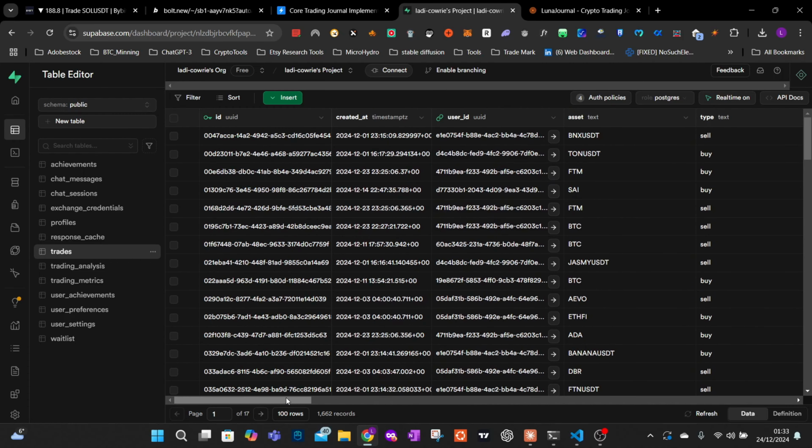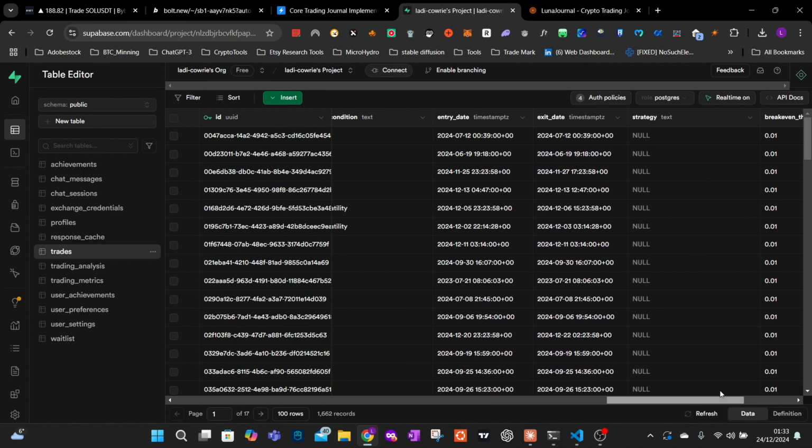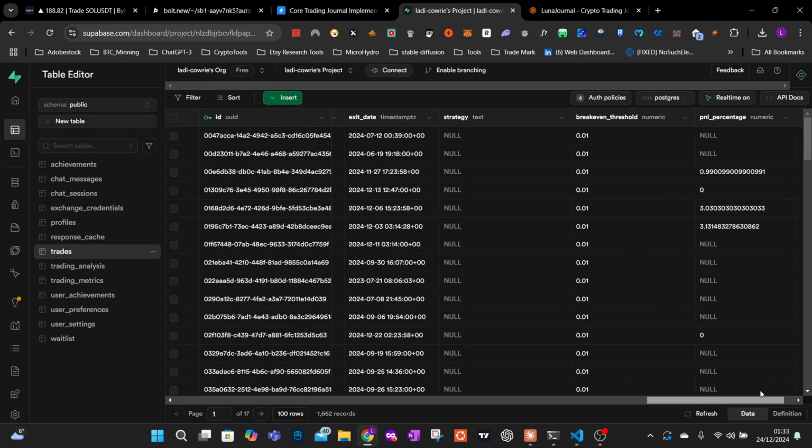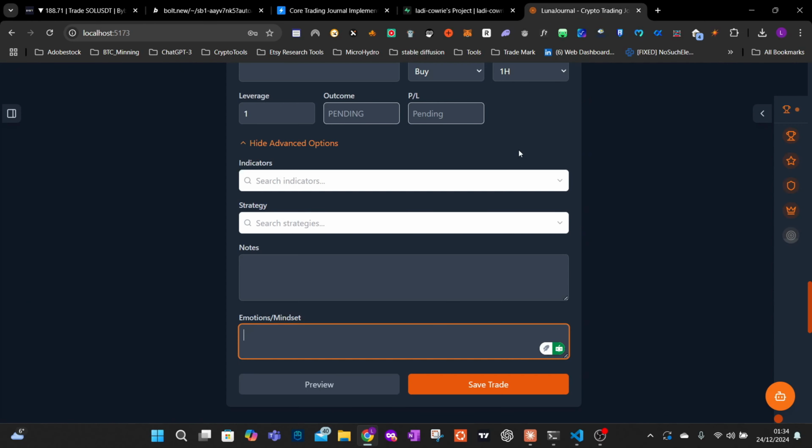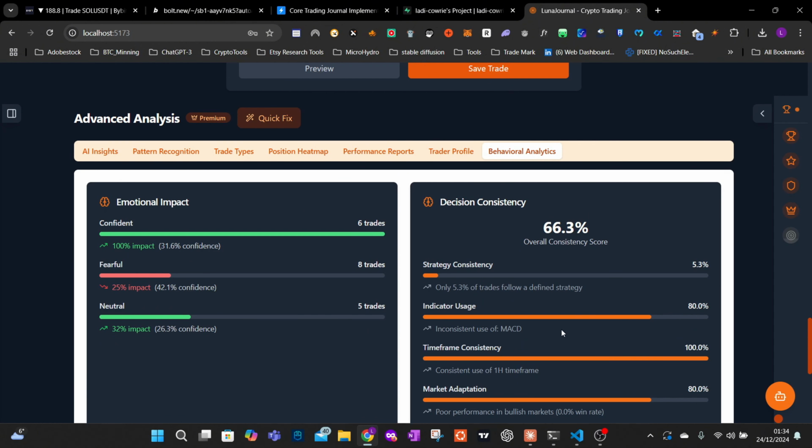Now, this database has a lot of rich information which is analyzed to infer emotional state. So even if you don't enter this, which I suggest you do because the more information you give, the more it will help analyze your emotional state during trading.